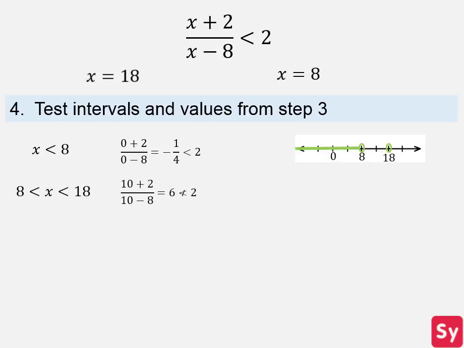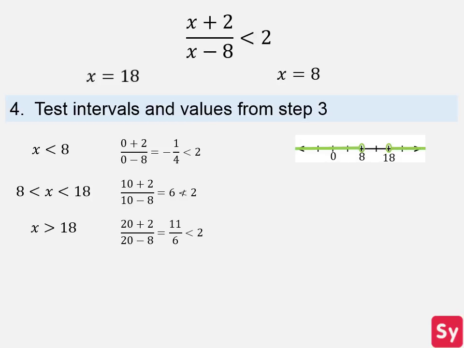Next, we test 8 is less than x, which is less than 18. We test 10 and see that 6 is not less than 2, so this is not a solution. Next, we test x is greater than 18. We use 20 as our test point and see that 11/6 is less than 2, so this interval is a solution, and we will mark it on our number line.